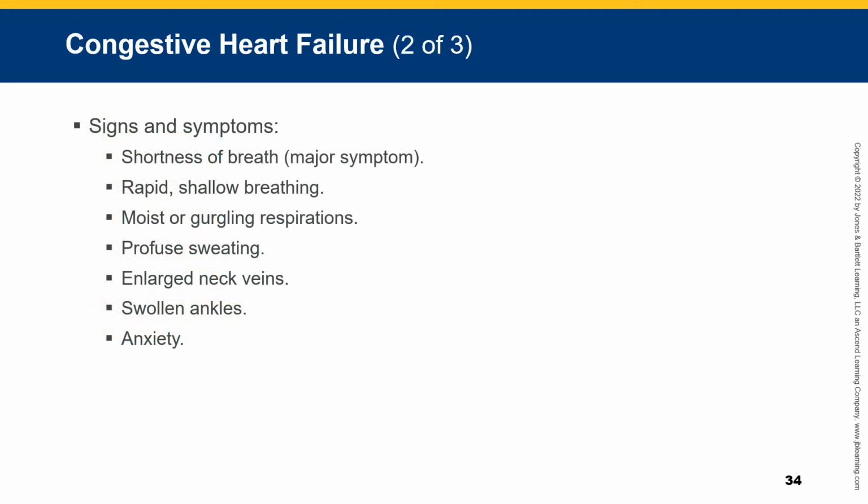The signs and symptoms of CHF are shortness of breath, which is a major symptom, rapid, shallow breathing, moist or gurgling respirations, and profuse sweating, along with enlarged neck veins, swollen ankles, and a high level of anxiety.